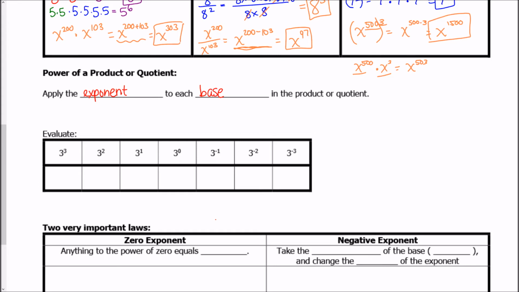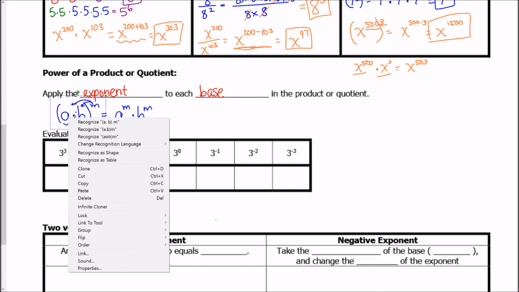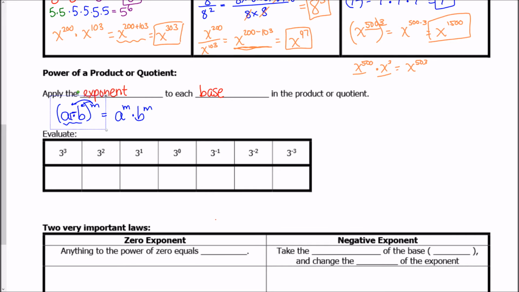So for example, if I had a times b to the power of m, this right here is my product, and it's the power of a product. So what this means is I'm allowed to just say a to the power of m times b to the power of m, okay? So I'm allowed to distribute pretty much that exponent to everybody inside of here as long as it is multiplication here. Remember, if it's addition or subtraction, you're not allowed to do that, okay?